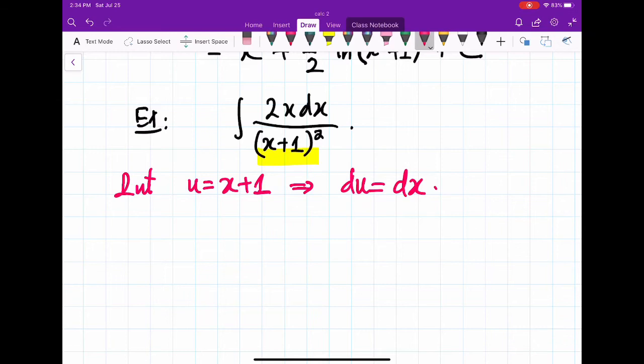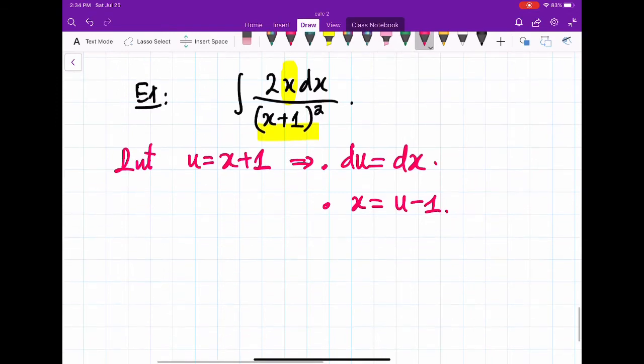But if you look at the original integral, you see x here. So we still need to express x in terms of u. I will have another one: x is equal to u minus 1. You see that? Now we have all the information to rewrite the original integral in terms of u.